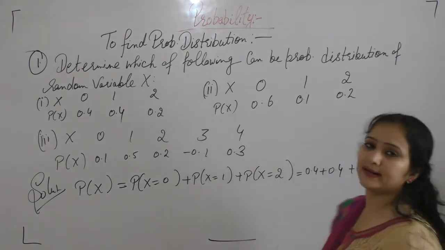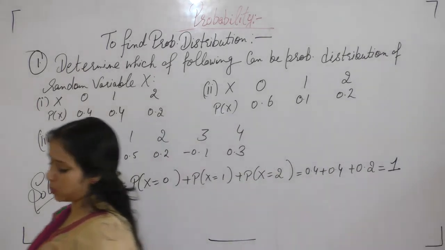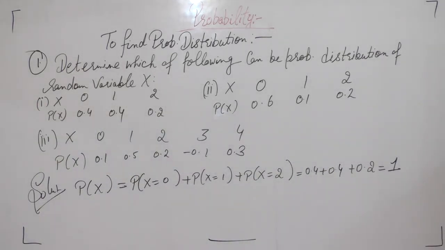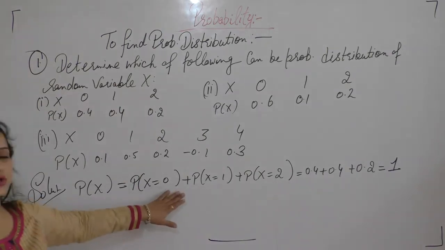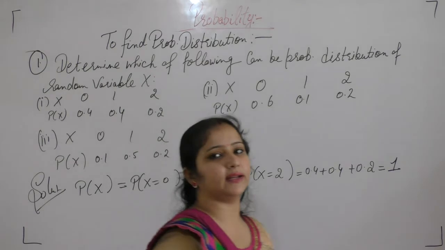So the total probability is equal to 1, and the given distribution is a probability distribution of the random variable x.